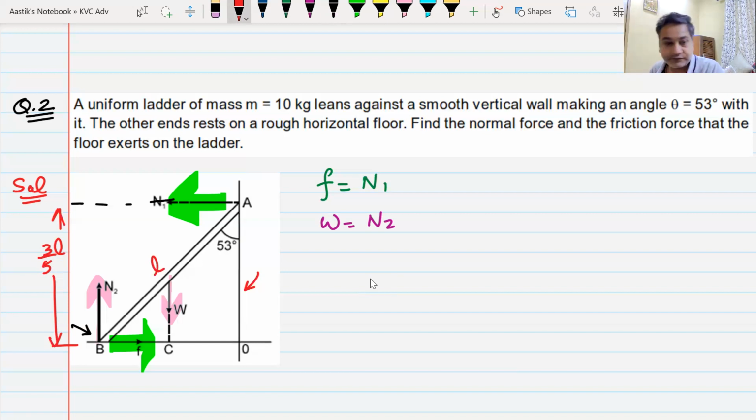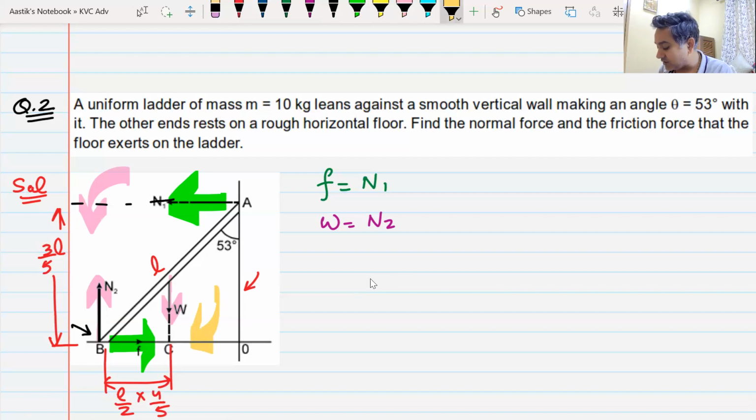Yes or no? Yes, sir. That must be equal to W multiplied by this distance. How much is this distance? That was cos 53, so this must be sin 53 into L by 2. Yes or no? Yes, sir. That's it, my dear friends. You just had to equate this. This one is going to create this torque.